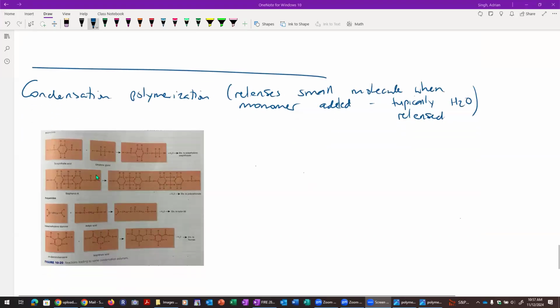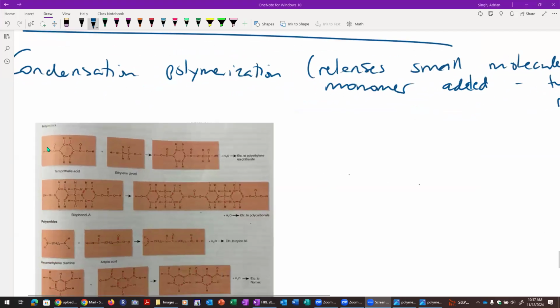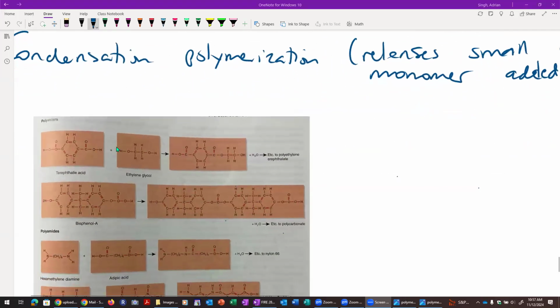So here we see some examples of the other type of polymerization, which is condensation polymerization. In this type, when a monomer is added to the growing polymer, a small molecule is usually released, and that molecule is not always, but typically going to be water, H2O, that gets released. So for example, here we have this molecule called terephthalic acid up here on the left side, and then that reacts with ethylene glycol.